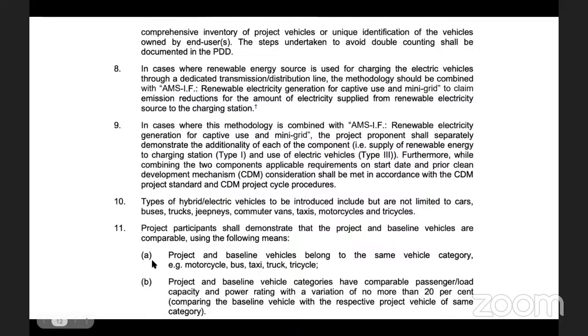A. Project and baseline vehicles belong to the same vehicle category, for example, motorcycle, bus, taxi, trucks, tricycle. B. Project and baseline vehicle categories have comparable passenger load capacity and power rating with a variation of no more than 20% comparing the baseline vehicle with the respective project vehicle of same category.